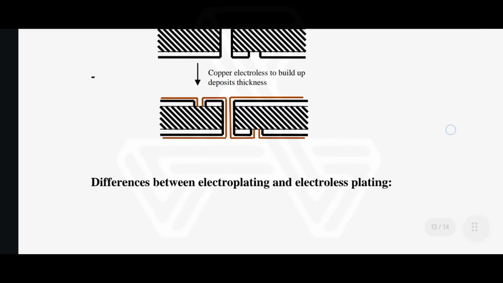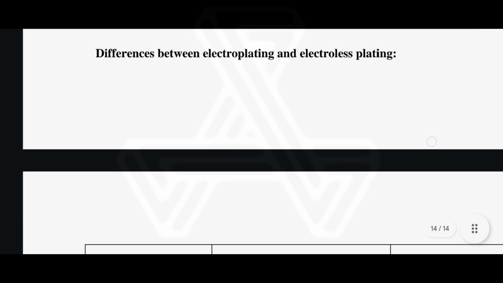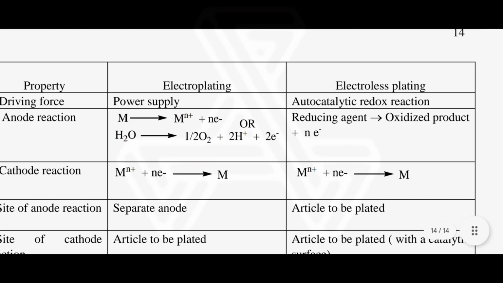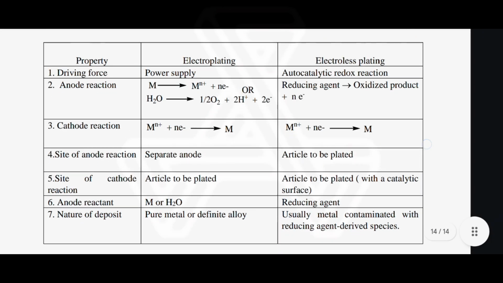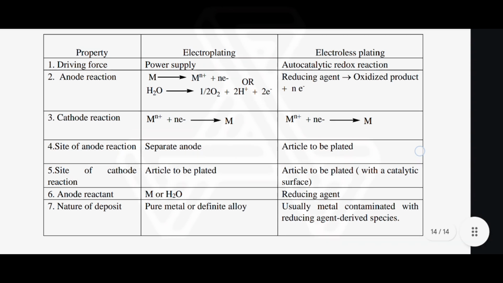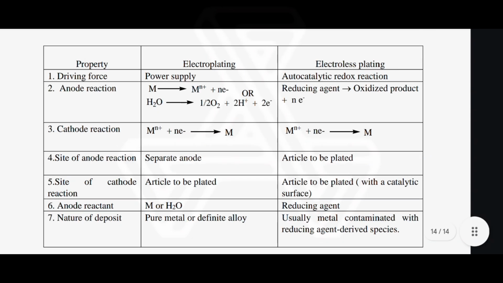Differences between electroplating and electroless plating. Property: driving force. Electroplating uses a power supply; electroless plating uses an autocatalytic redox reaction.